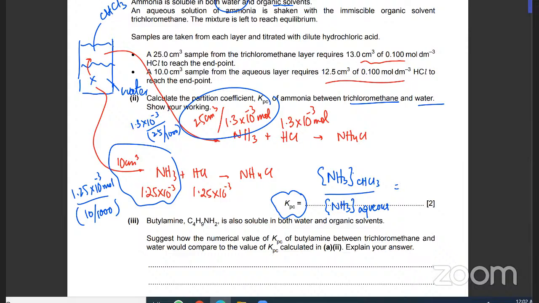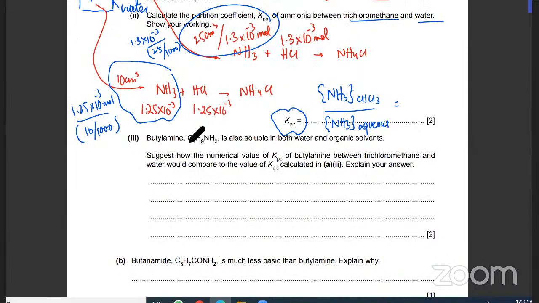This question is not over yet. Next one is, as butylamine is also soluble in both water and organic solvents, suggest how the numerical value of Kpc of butylamine between trichloromethane and water would be compared to the value of ammonia. So what he's doing is switching ammonia with this thing.